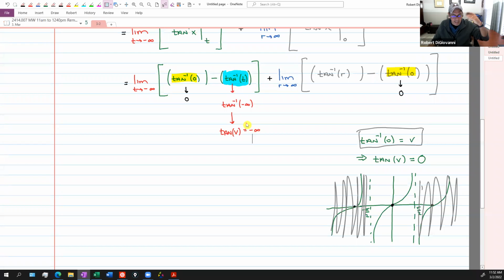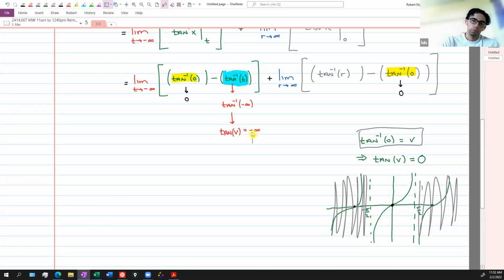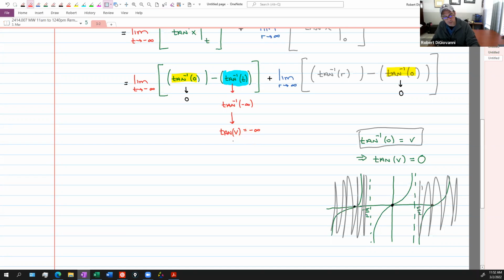Now, in the limit, what v value are you going to be approaching to get the tangent to spit out negative infinity? Negative pi over 2. You can see it here. If you move along the tangent function, as you approach negative pi over 2, the tangent function dives down to negative infinity. So this heads to negative pi over 2.